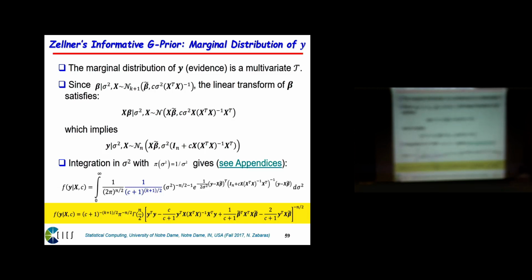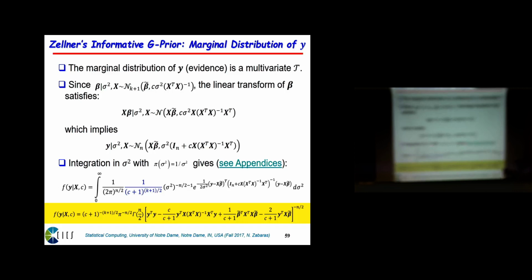This integral is supposed to involve an integration in beta, but I have already integrated beta out. So when I say likelihood times the prior, I'm only going to use the prior on sigma squared, because beta I'm going to integrate completely out. So this is a marginal likelihood given sigma squared, but it's marginal because beta has been integrated out.